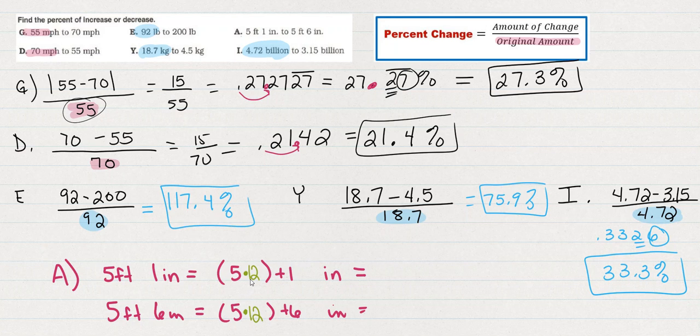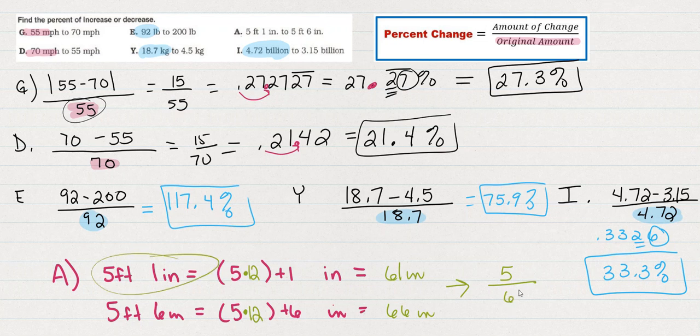5 times 12 is 60. 60 plus 1 is 61 inches. 5 times 12 is 60. 60 plus 6 is 66 inches. And now when I do the percent change, the difference between 66 and 61 is 5. And the original was the smaller, the 5 feet 1 inch.